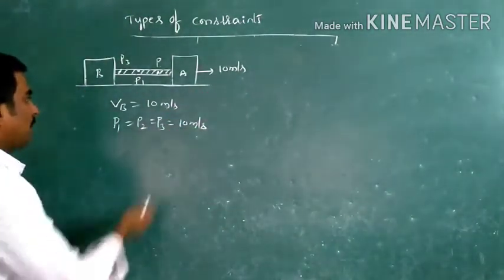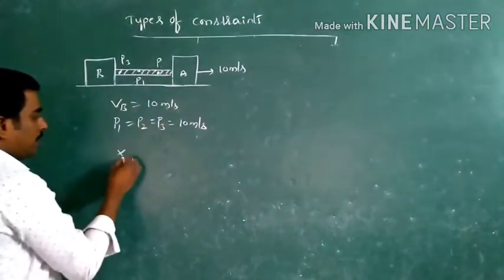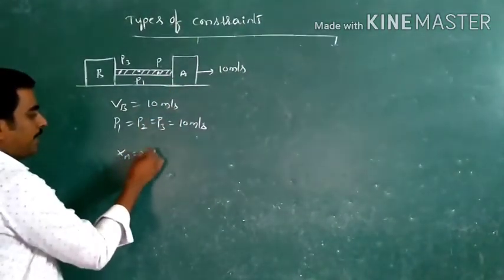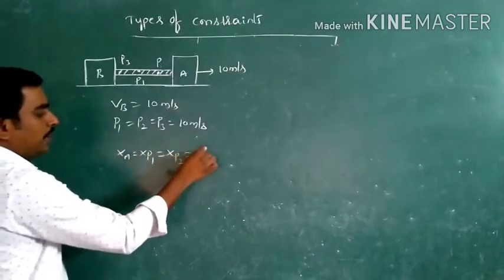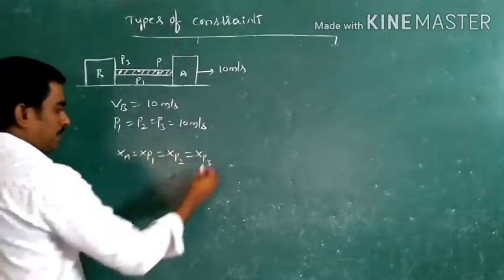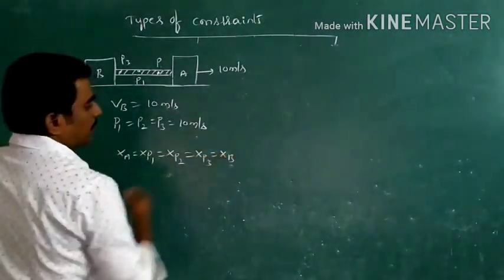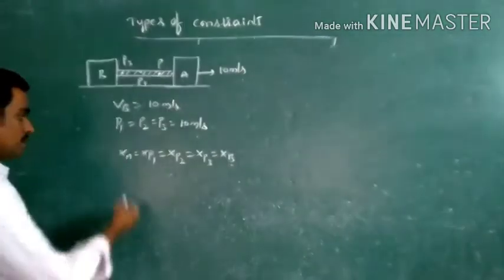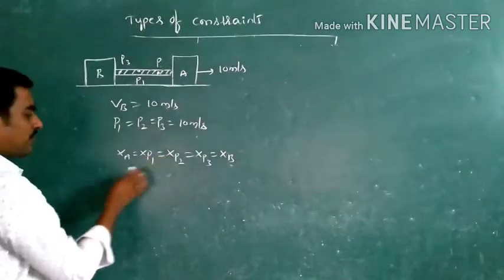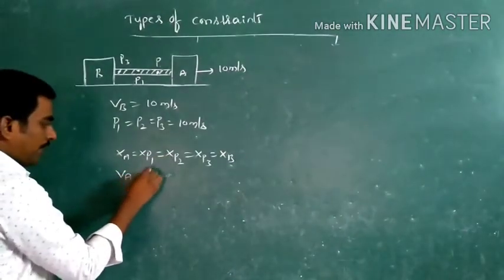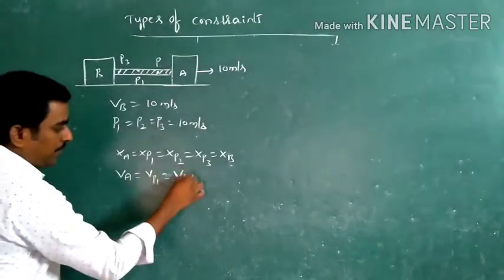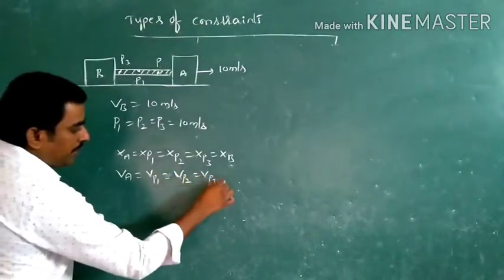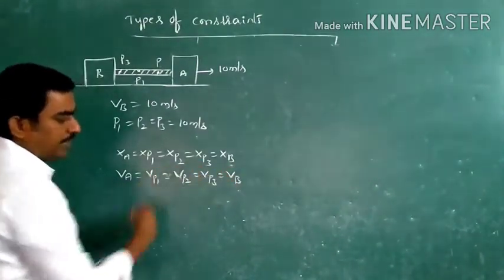In the same way, not only velocities. Here, the distance covered by block A, the distance covered by particle P1, P2 and P3 is equal to the distance covered by the particle B. All are the same. Differentiating with respect to time, we get VA, VP1, VP2, VP3 equal to VB.